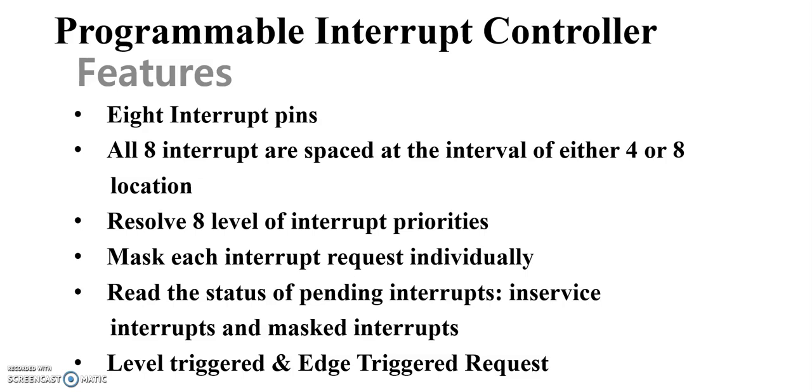It can mask each interrupt request individually. It can read the status of pending interrupts, that is in-service interrupts and masked interrupts, and it can be level triggered or edge triggered. These are some of the features of the programmable interrupt controller.